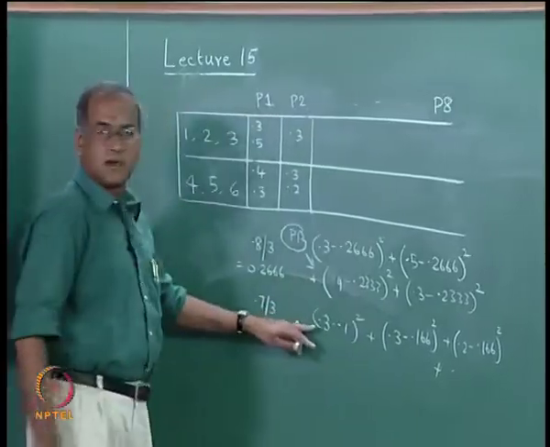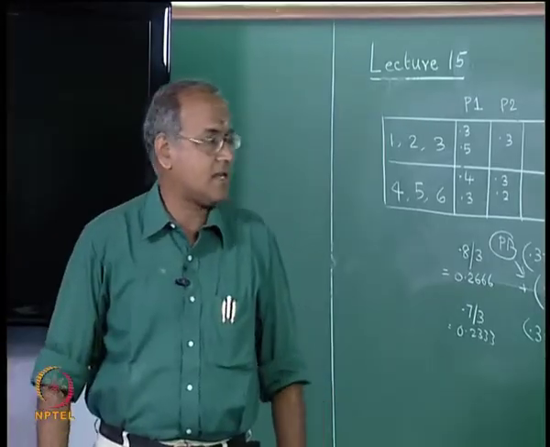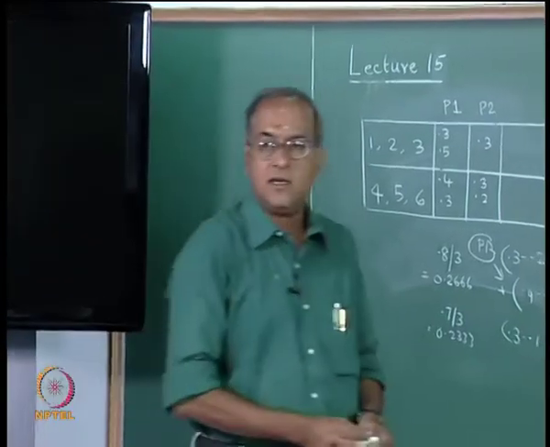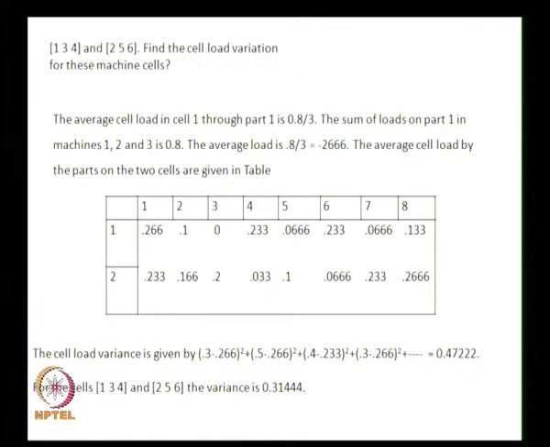This is P2's contribution. So, like that we can add P1's contribution, P2's contribution up to P8's contribution and find out the total cell load variation. And when we do that computation, the total cell load variation comes to 0.47222.